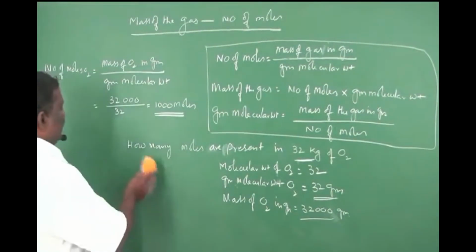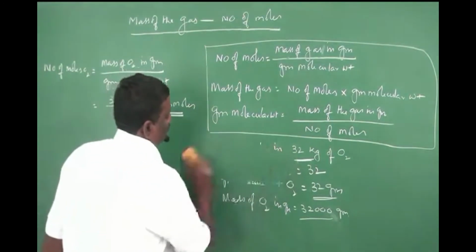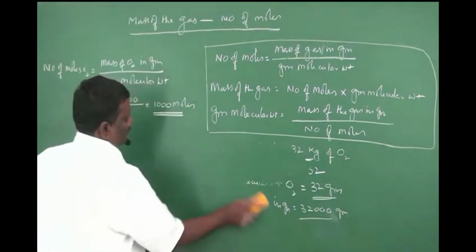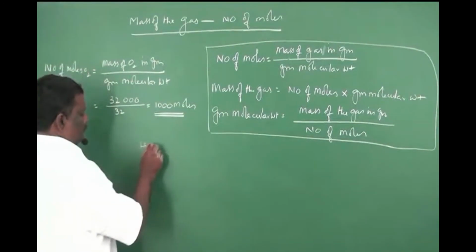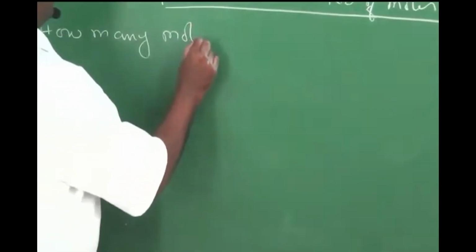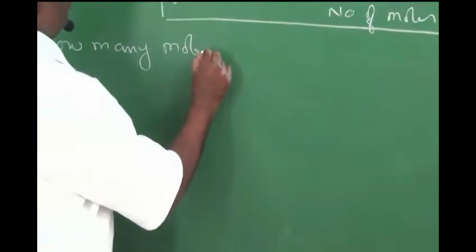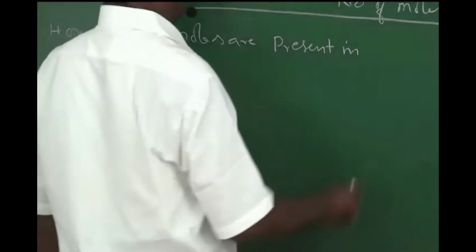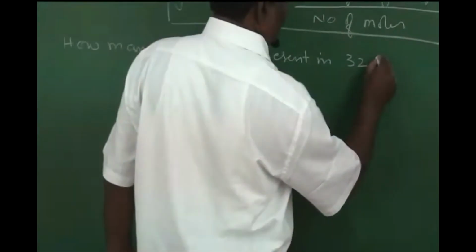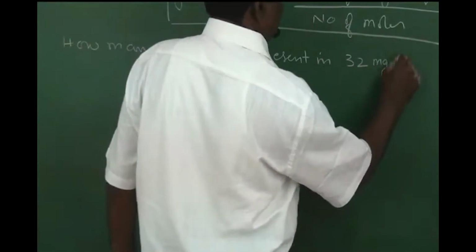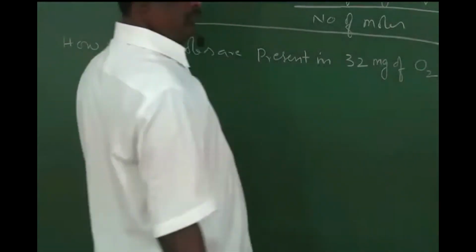Now, I'll give you another problem. How many moles are present in 32 milligrams of O2?